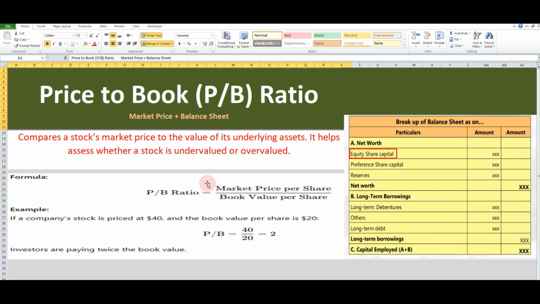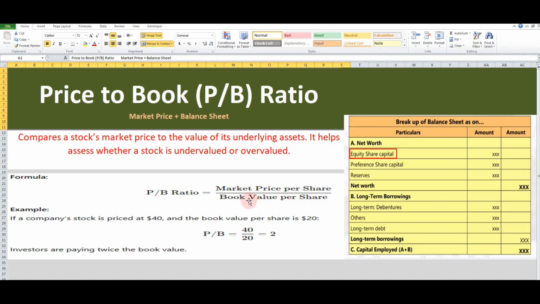Price to book value ratio compares a stock's market price to the value of its underlying assets. It helps assess whether a stock is undervalued or overvalued. Now, how do we calculate this? Price to book ratio: market price we take from the stock exchange, book value per share we can take from the balance sheet.